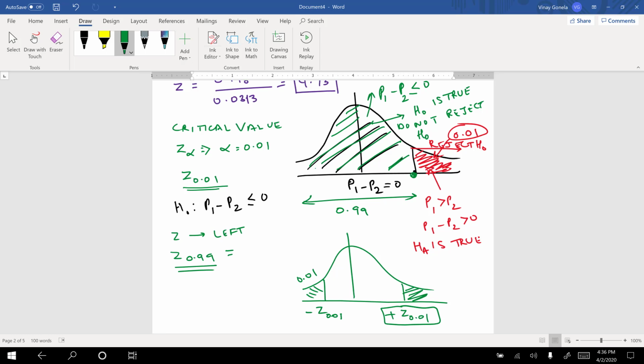They will both be the same values. I prefer doing 0.99, so I will look in our normal distribution table, or z table, for what is z at probability 0.99.